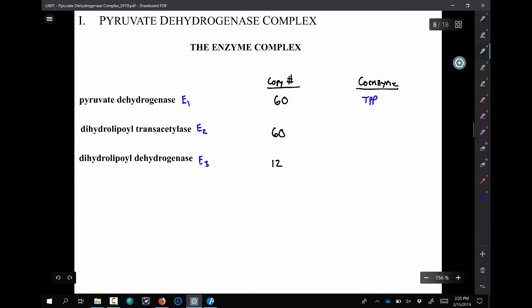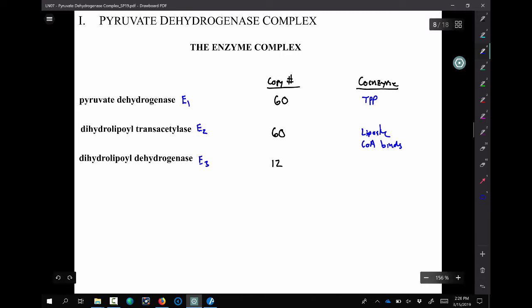E2 will have the coenzyme lipoate, and also this is where coenzyme A binds. Of course, coenzyme A is going to be attached to the acetyl group and going to leave with that, so it's not a permanent association with it.